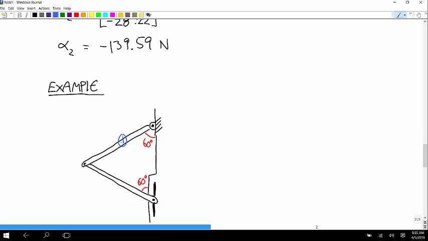I'll call this body 1 and body 2. And we'll say that the length of 1 and the length of 2 are both 3 meters. And the masses are both 10 kilograms.